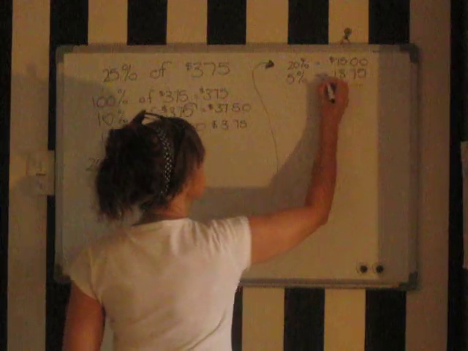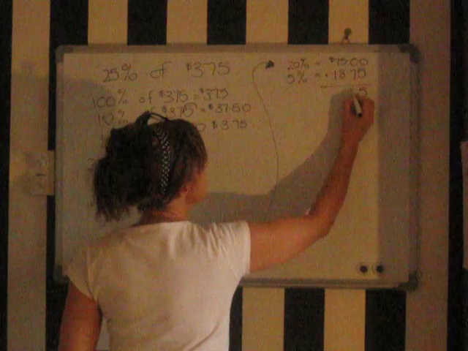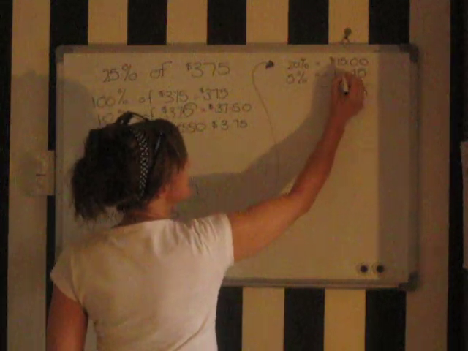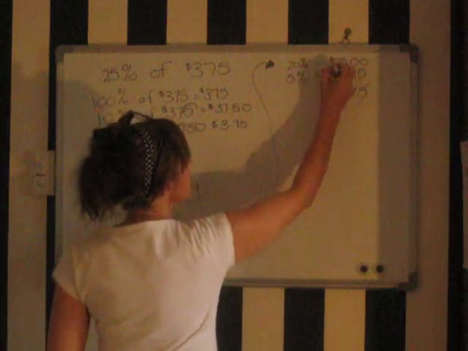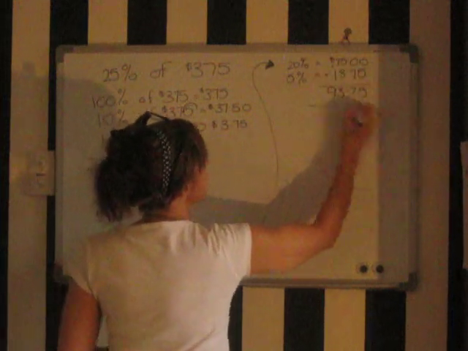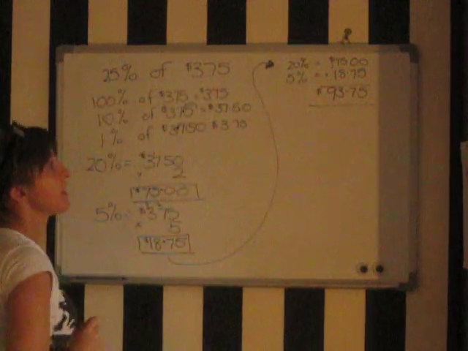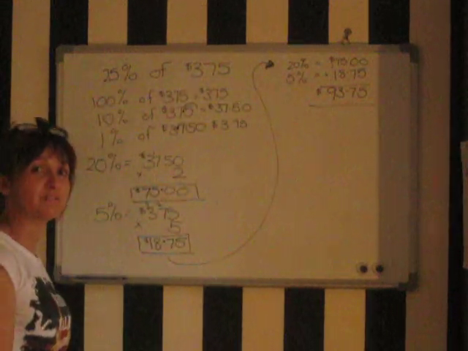We're going to add those together. 5 plus 0 is 5. 7 plus 0 is 7. 8 plus 5 is 13. 3 there, carry the 1. 7 plus 1 is 8, plus 1 is 9. Okay, 25% discount of 375 is 93.75.